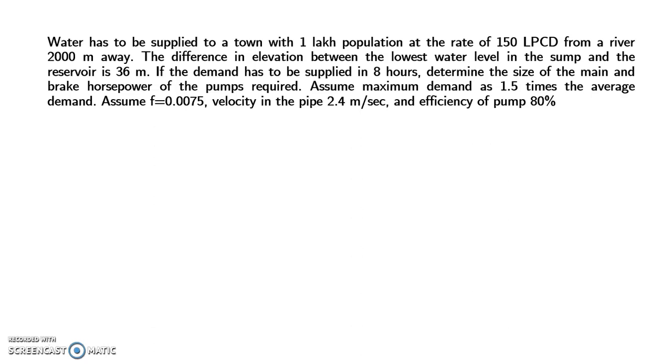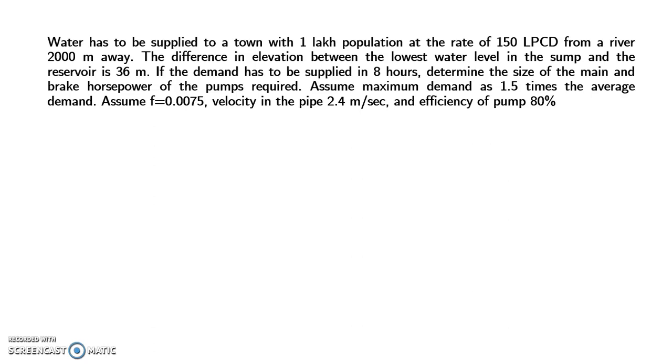If the demand has to be supplied in 8 hours, determine the size of the main and brake horsepower of the pumps required. Assume maximum demand as 1.5 times the average demand. Assume F equal to 0.0075, velocity in the pipe 2.4 meter per second, and efficiency of the pump is 80 percentage.